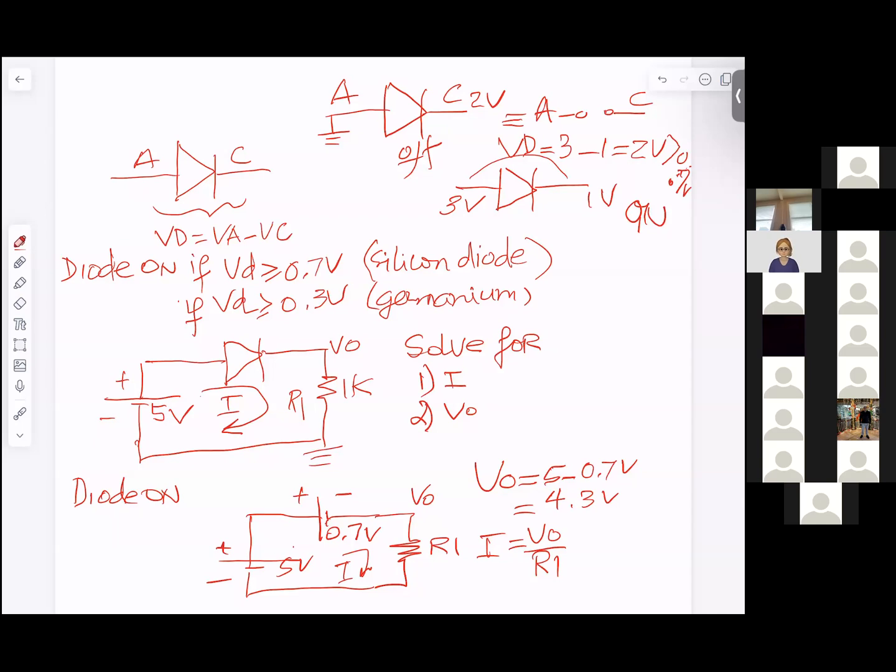We don't care what you get, make sure of the units, Ohm's law. Voltage has to go with ampere and ohm. If you get kilo ohm, you have to convert it to ohm.